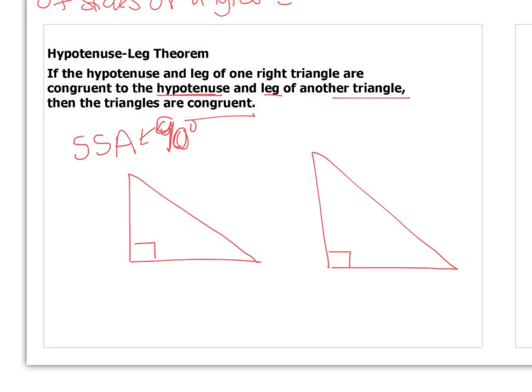You're going to be given two congruent sides and one angle. Since this is a special case, we don't call it this. We call it hypotenuse leg.